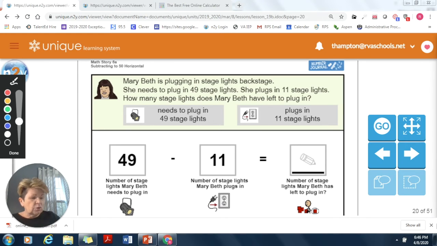So let's do 9 marks. 1, 2, 3, 4, 5, 6, 7, 8, 9, and 1 mark. Okay, and we're going to take away our 1 mark and count how many we have left of our hash marks.